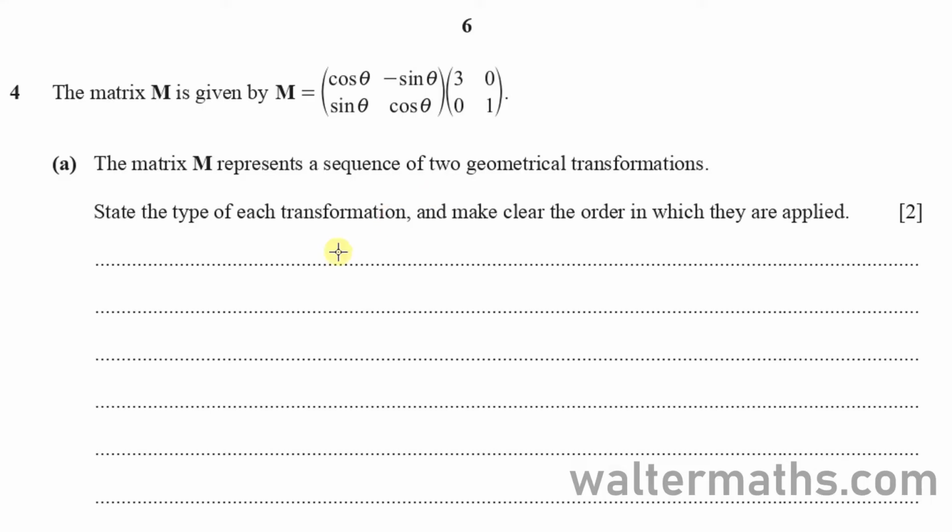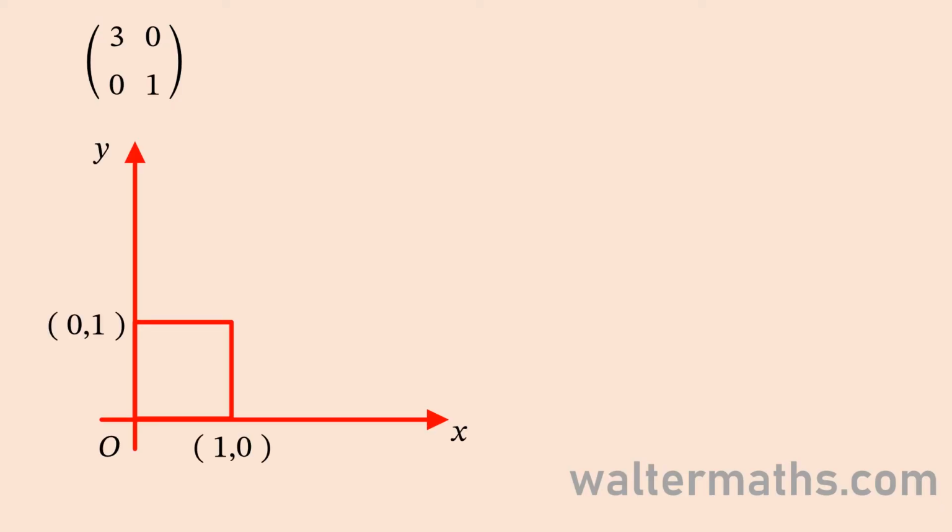So here we've got the 2 transformations represented by the matrices, and we will go in reverse order. So we start with the matrix 3, 0, 0, 1. Now for this matrix, if you consider a unit square, you will notice that the point 1, 0 has been mapped onto the point 3, 0, which is this point here.